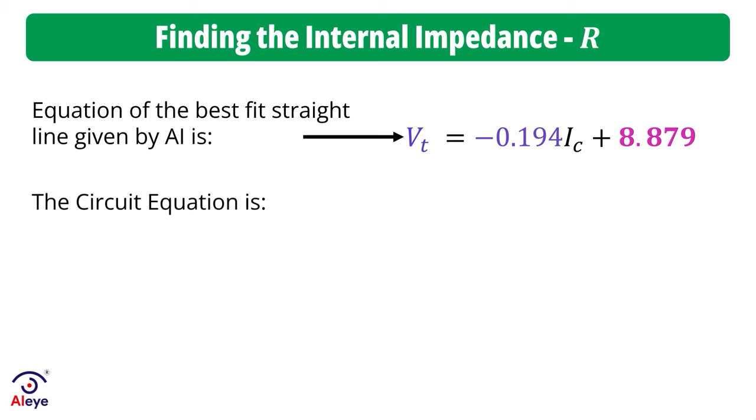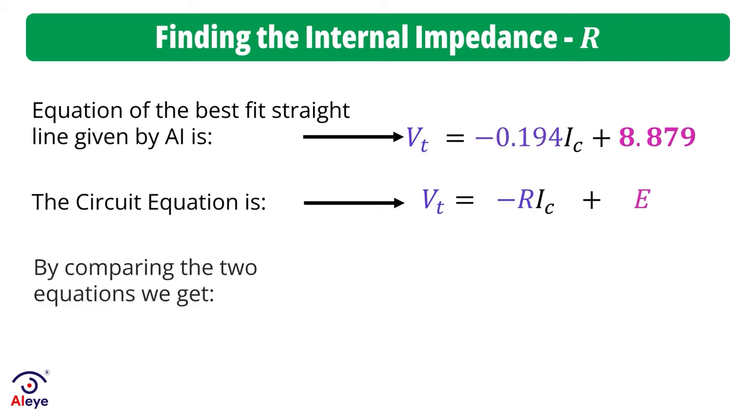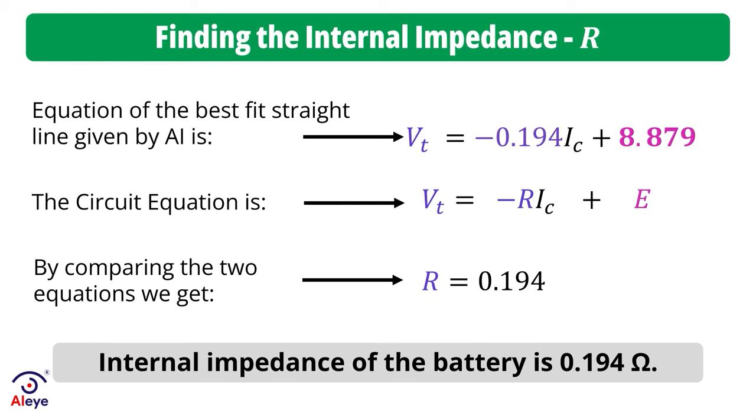And the circuit equation is Vt is equals to negative R multiplied by IC plus E. By comparing the two equations, we get R is equals to 0.194. Therefore, the internal impedance of the battery is 0.194 ohms.